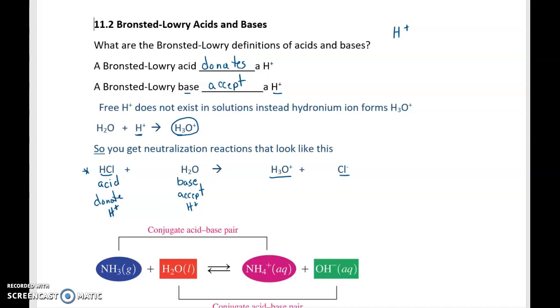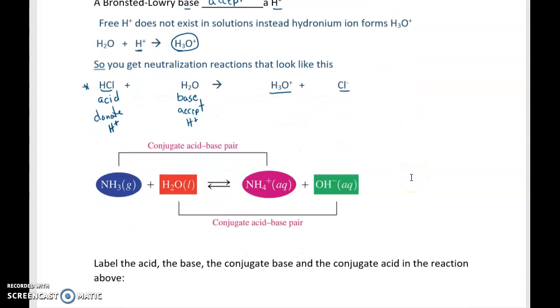So what we have here are pairs. Let's look at a new reaction, and we can see how we have a conjugate acid-base pair. We start with ammonia, NH3. On the other side of the reaction, it's an NH4 ion. We start with water. On the other side of the reaction, it's a hydroxy.